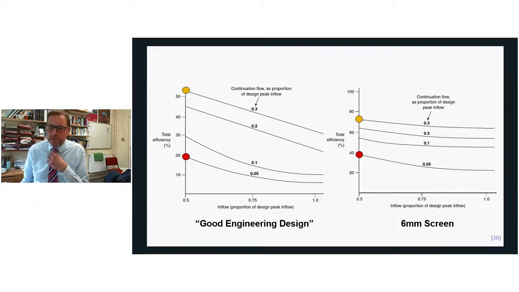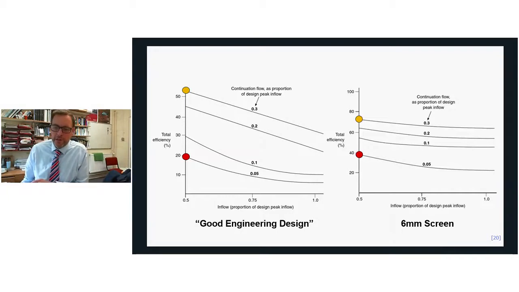So what you see is, basically what you're doing is you're comparing the y-axis on both these graphs, and you can see what screens do for the same situation. So you compare the two yellow dots and two red dots, you've got massive improvements in efficiency.